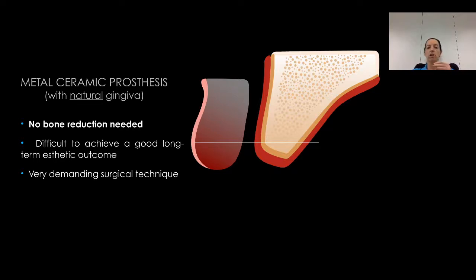And it's a very demanding surgical technique because I have to place my implant exactly where the teeth are coming out. I am not able to choose where I have the best bone available to place my implant. I cannot place an implant exactly in the papilla, and many times it is between the central and the lateral that I have the best bone available.